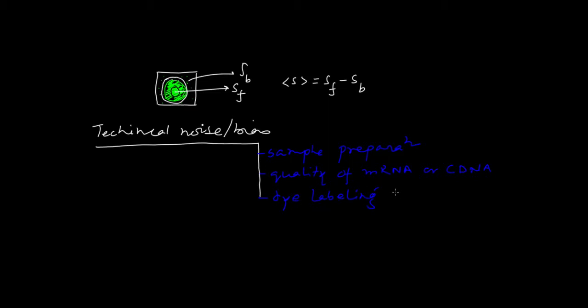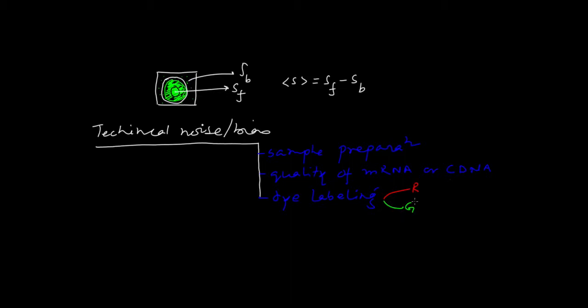Okay, so right now you are using two colors, right? So we have green and we have red, right? Now let us assume that the red one is more effectively labeling. The efficiency of labeling through Cy3 is stronger, is better than the green one.